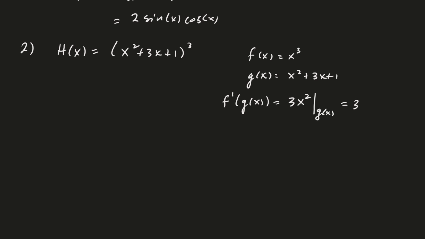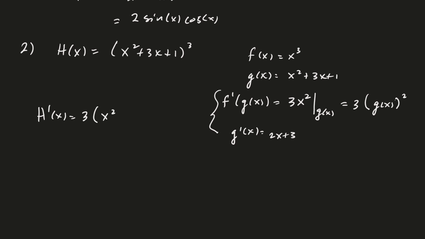That means we have 3 times g of x squared. We put our g of x in there, and g prime of x is 2x plus 3. Putting these together, h prime of x is 3 times g of x squared times 2x plus 3.